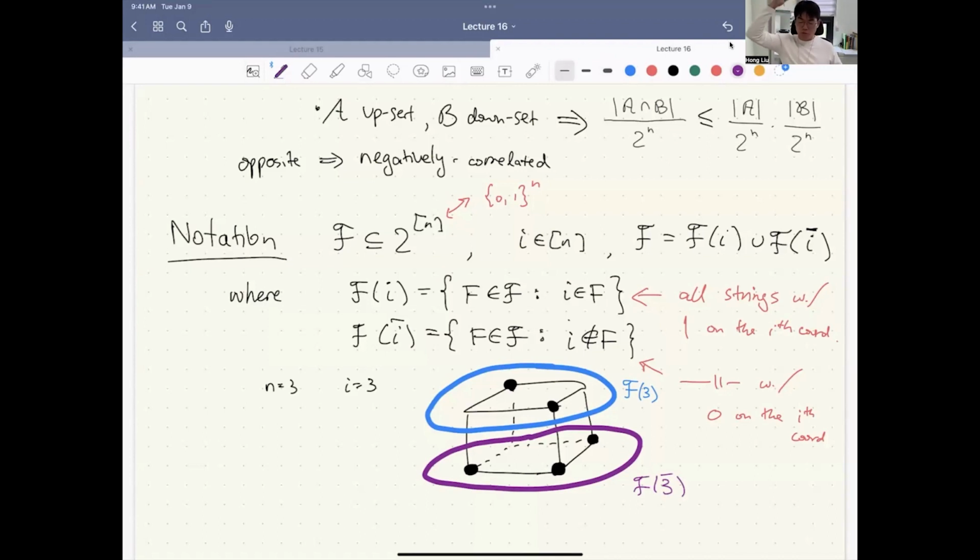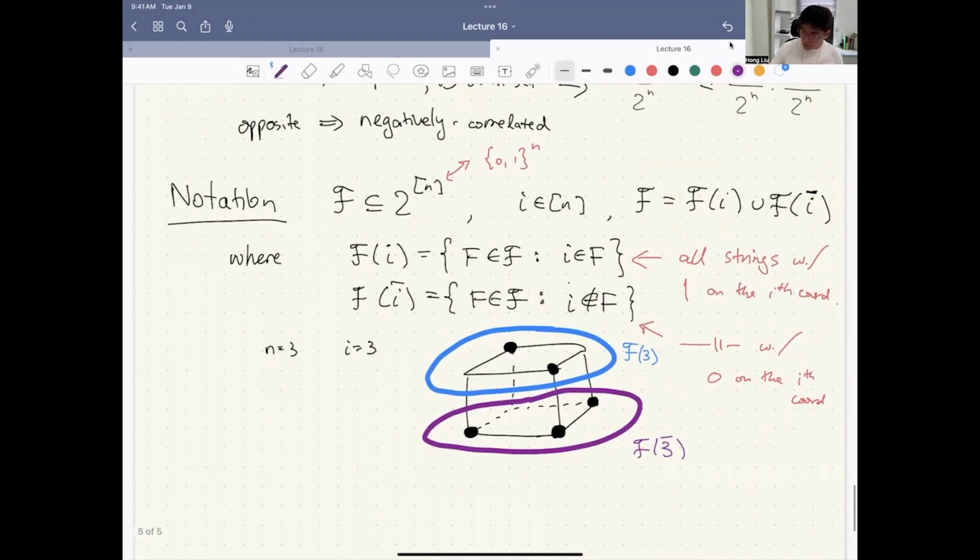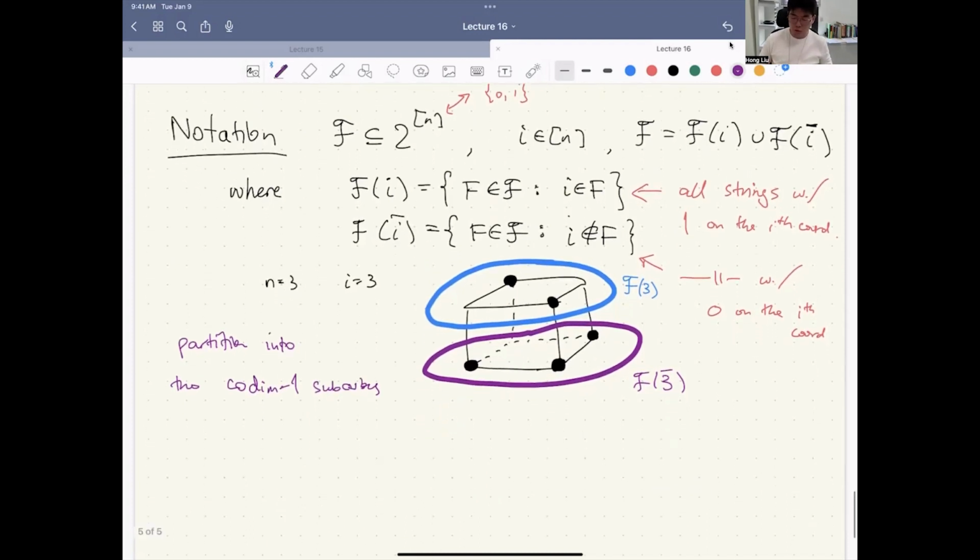It's a natural partition where you cut the hypercube into two parallel codimension 1 subcubes. And you look at the elements there, this is F3 and F3 bar. So in other words, this is a partition into two codimension 1 subcubes, and we look at the intersection with these two subcubes.